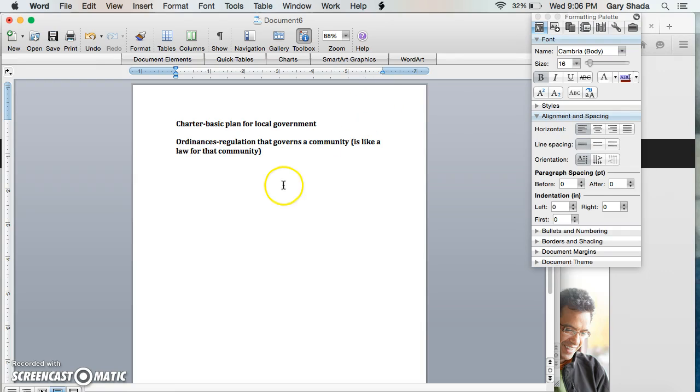For example, one ordinance that Pierce has, and some of you have probably seen these signs, is that it is illegal for trucks to use their engine brake. Well, what's an engine brake? It just simply means as a semi is coming into town, they're just going to downshift, and instead of applying the brake, that's what slows the truck down. The thing is, it makes a lot of noise.